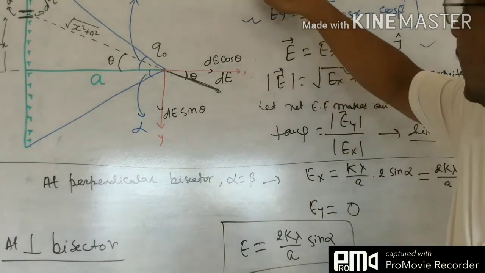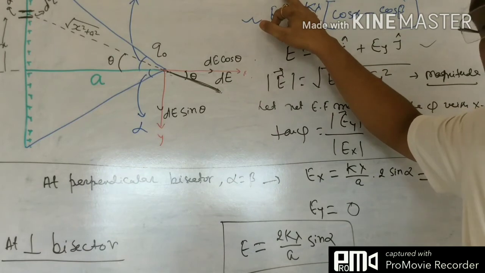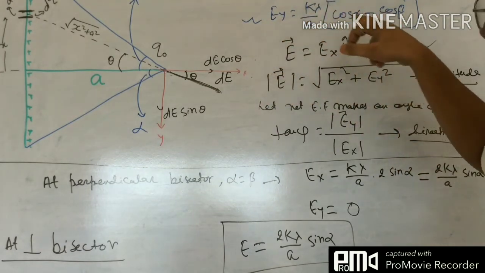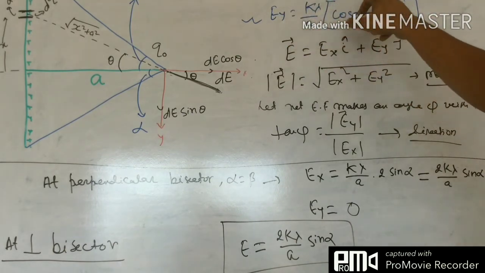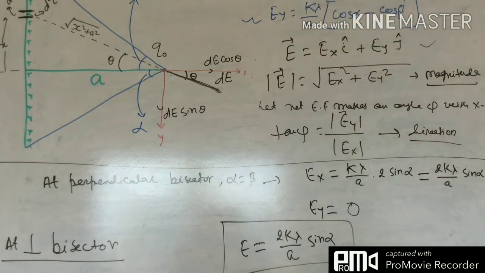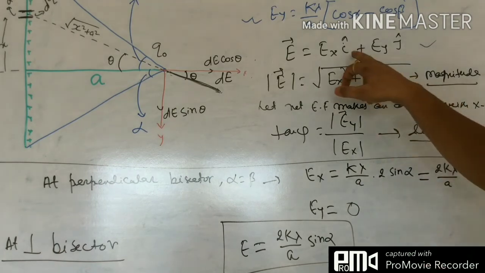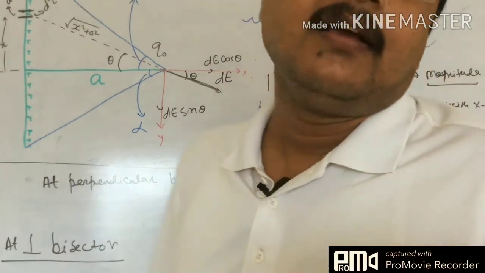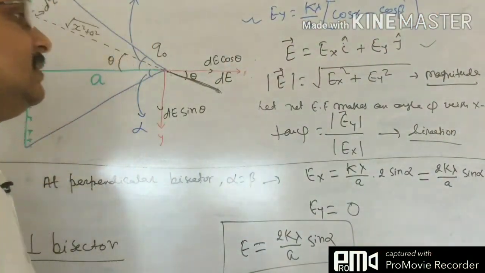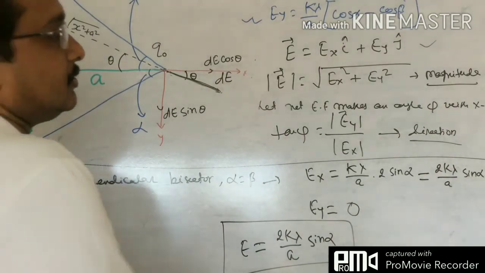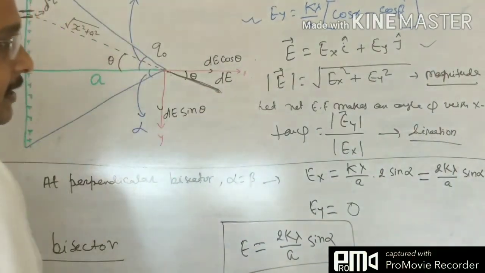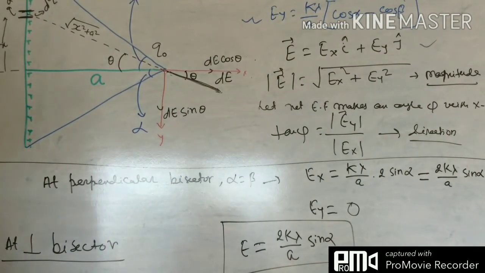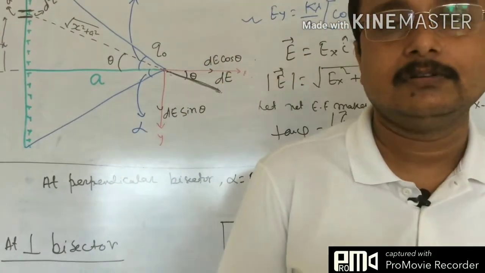In case of a finite line, you have to first find out the value of Ex, the x component, and the value of Ey. Find them by putting the values of alpha and beta, then calculate E, the magnitude of E and the direction of E, where phi is the angle made by the net electric field with the x-axis. So tan phi equals Ey by Ex, and at the perpendicular bisector the value is 2k lambda by a into sin alpha.